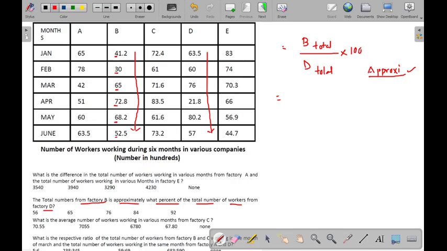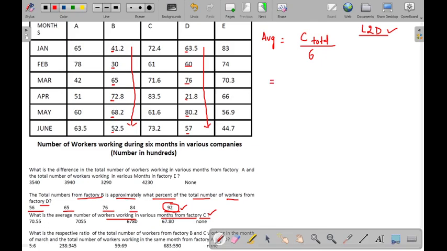For B we will take 4 plus 6 plus 3 plus 6 plus 7 plus 6. I will be taking the last 2 digits of company of all the months, and we will do the option attack.